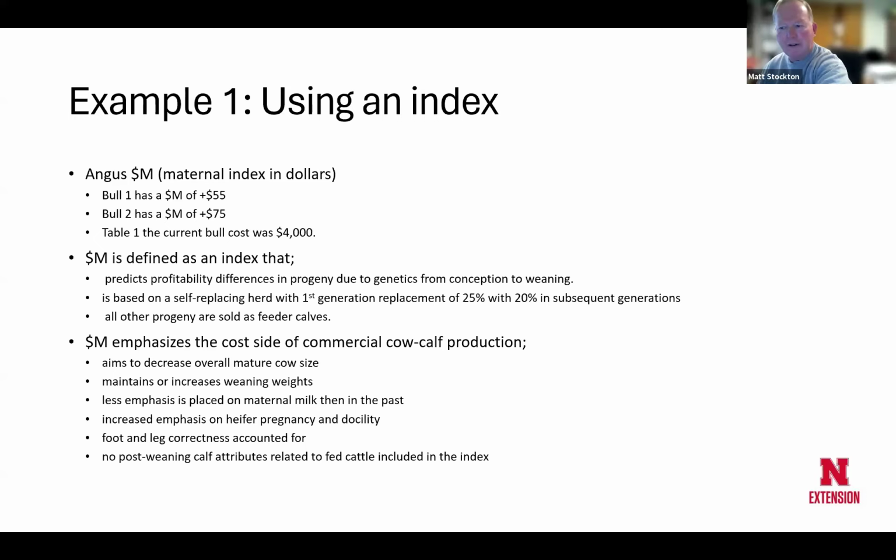Bull 2 gets $75, so he's more, but when we're comparing the two, which is what this will allow us to do, we can say that Bull 2 has actually got about $25 more in value than Bull 1, because we're comparing one to the other. I don't mean to pick on you, but it's $20, not 25, because it's 55 and 75. Oh, you're right, 20. Sorry.